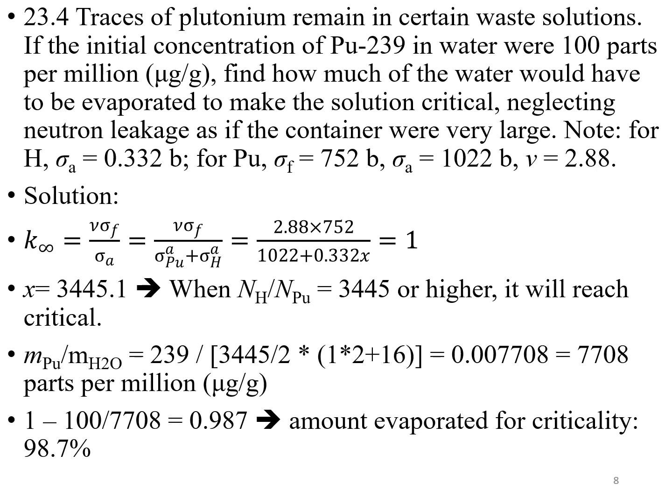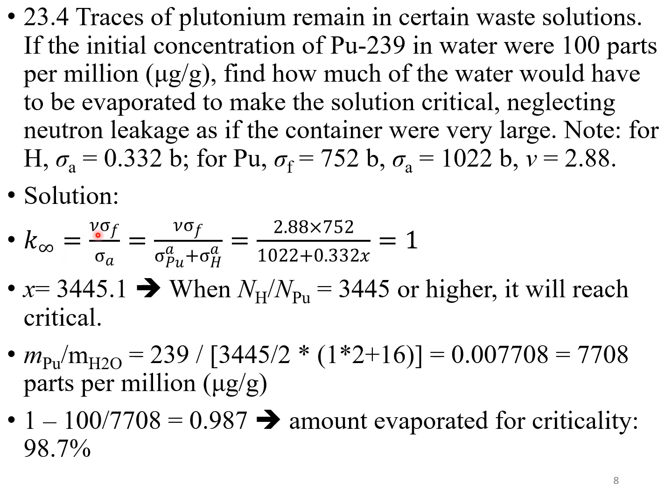Therefore, first we need to determine the final atomic ratio between the hydrogen and the plutonium that will make the solution critical. We also know that this solution is very large, therefore we can use the k-infinity equation. The k-infinity is equal to mu times sigma f over sigma a.